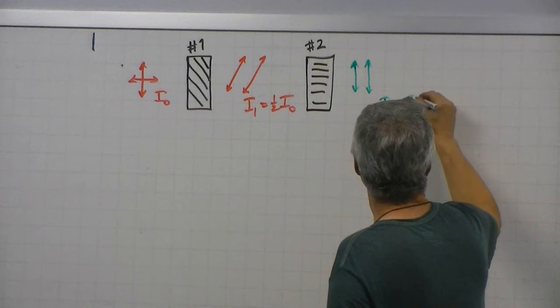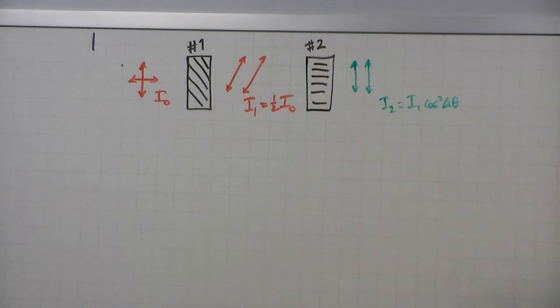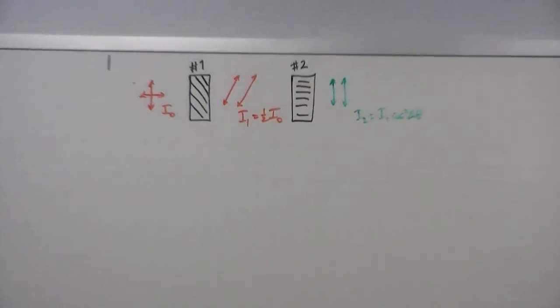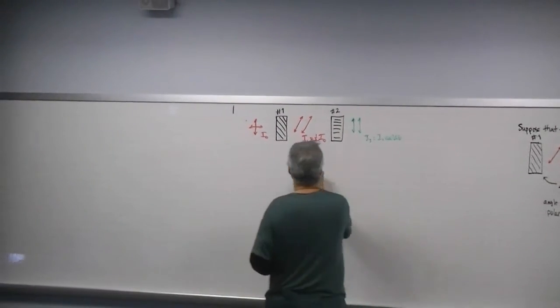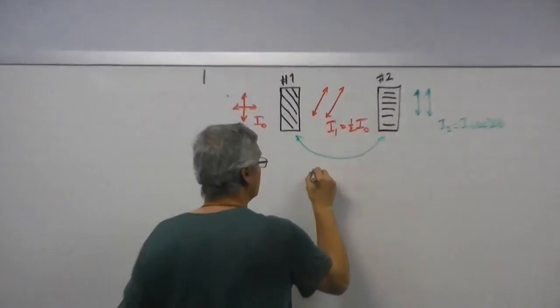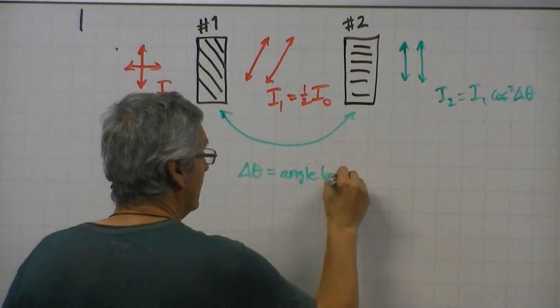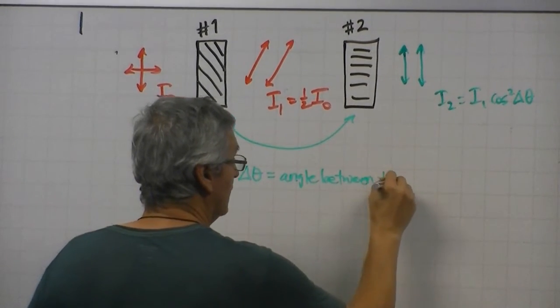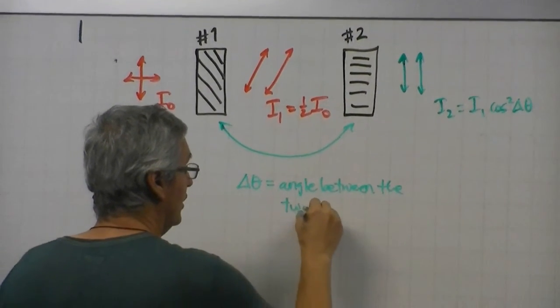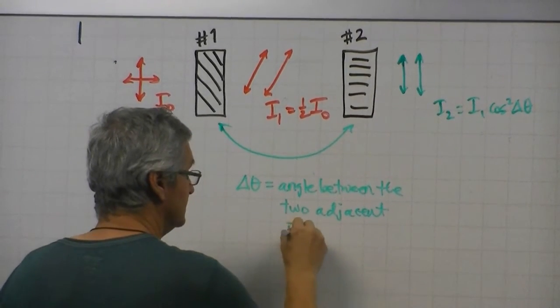And we saw that the intensity then follows this cosine squared delta theta. Well, what is delta theta? Delta theta is the angle between the two adjacent polarizers.